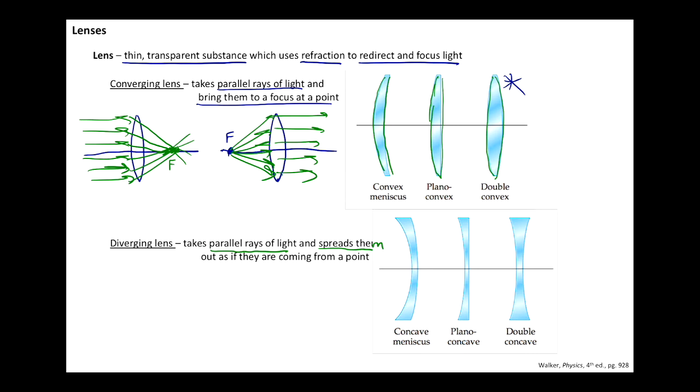So let's draw a diagram once again, or a couple of diagrams. So a diverging lens, the common shape is like this, where it's concave on both sides. And we're going to start with parallel rays of light, as if from a distant source. And then they're going to spread out as if they had been diverging from the focal position. So in other words, it's going to look something like this.